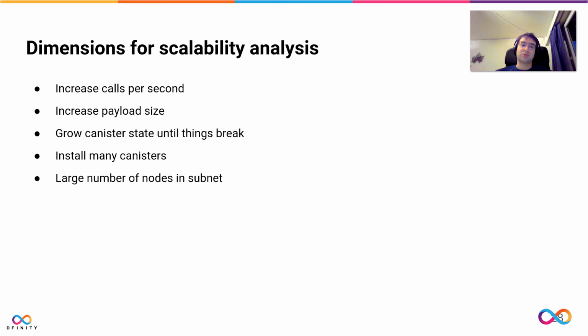We have a benchmark that installs just a lot of canisters. We don't really do anything with them, we just install them and see how the system behaves. But we can also vary the number of nodes in a subnetwork, and see how, for example, gossip handles the increase in messages that need to be sent around between nodes.